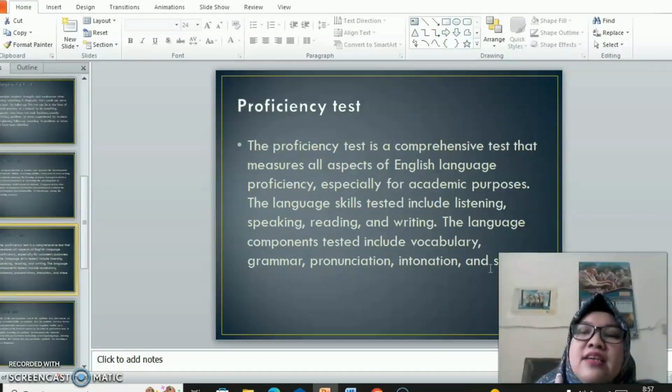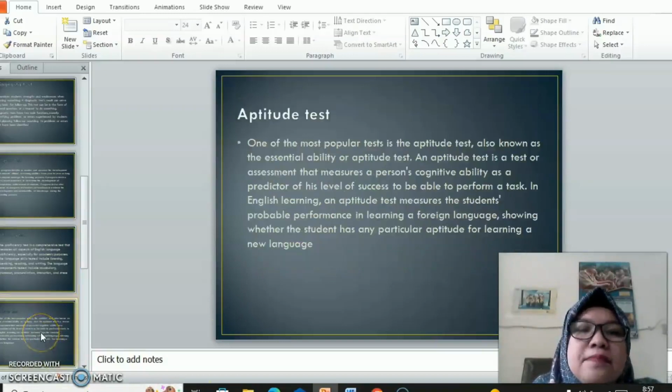That's the main difference between achievement tests and proficiency tests.